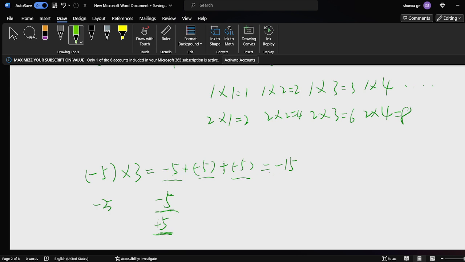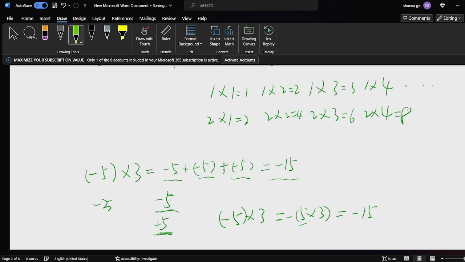So you can observe how to calculate this. For -5 times 3, you can take the negative symbol out. So 5 times 3 is 15, and the answer is -15. What does that mean?